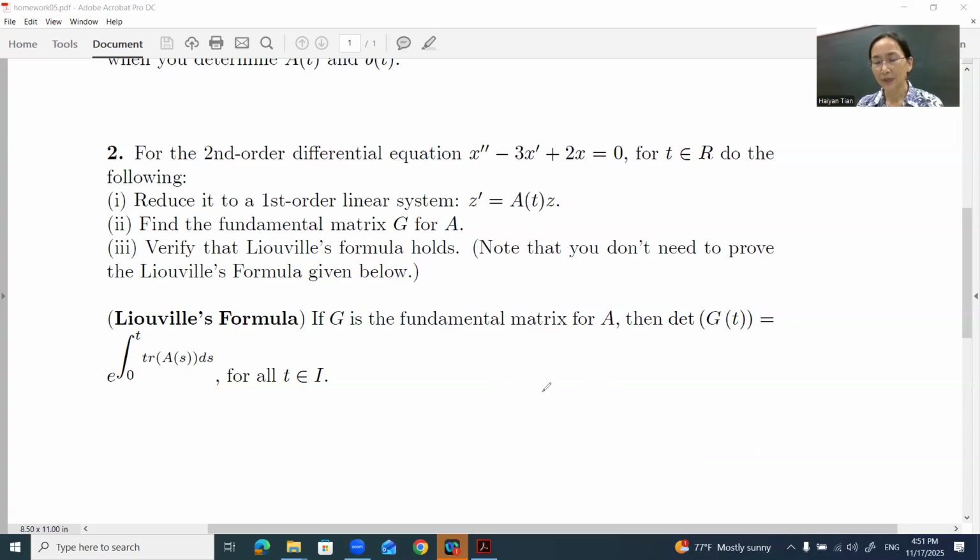So as long as you find the fundamental matrix for the system, the fundamental matrix is invertible. And we remember that we use the G inverse to represent the general solution for a linear system of this kind. Yeah, no matter whether the matrix A is time dependent or not, even if it's non-homogeneous, you can represent the general solution using the fundamental matrix for a linear system.